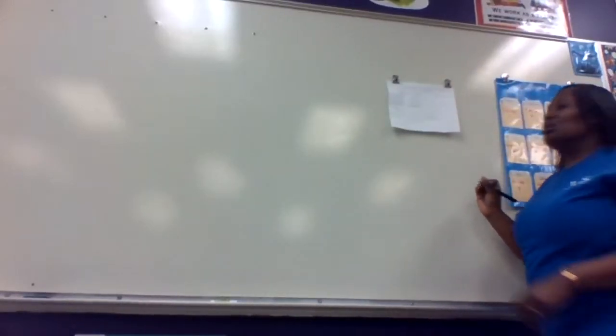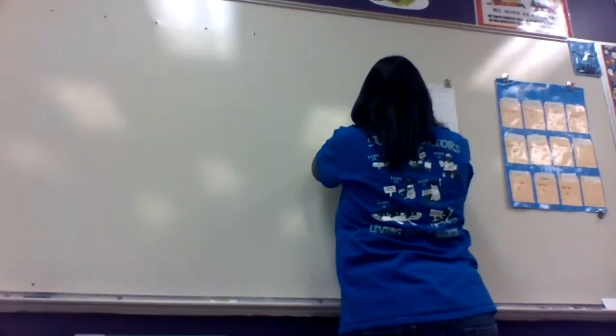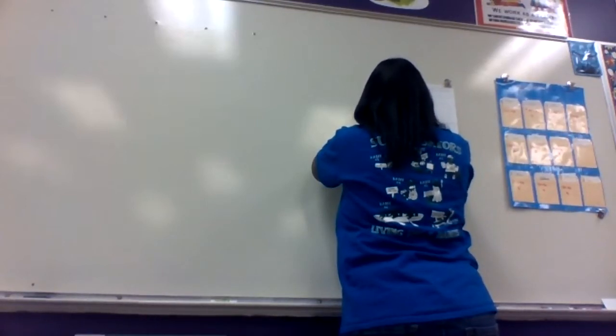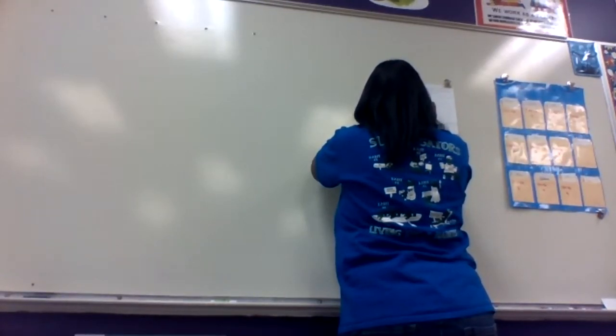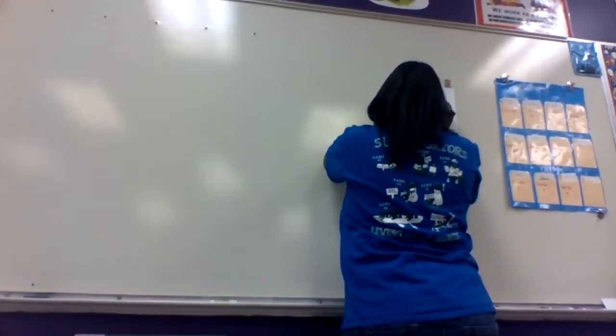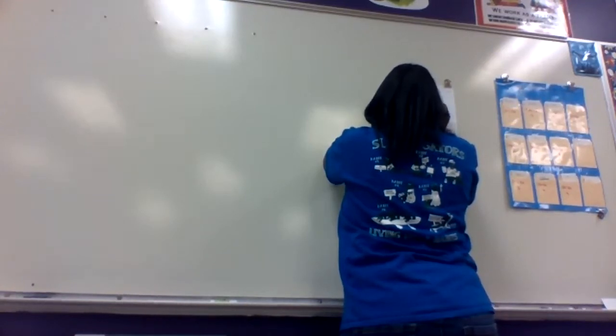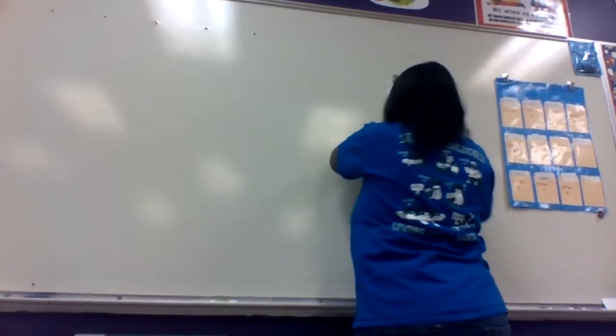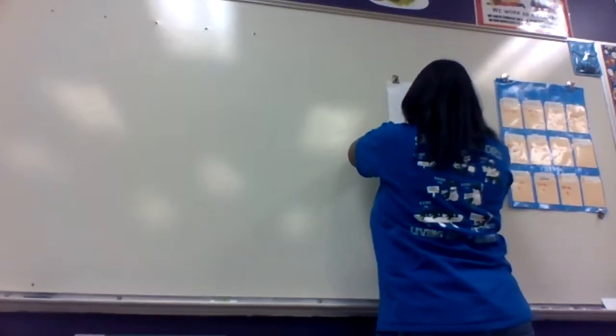Just skip a row. Then reciprocal. Then multiplicative inverse. The next one is numerator.